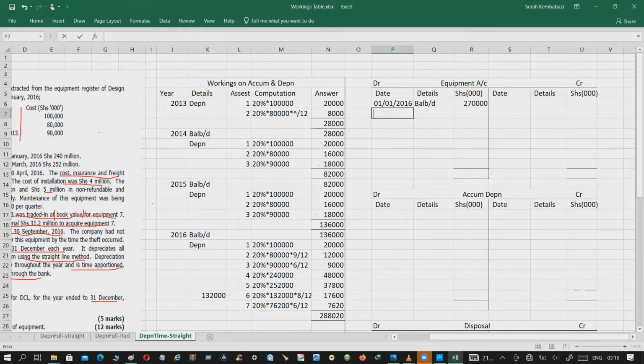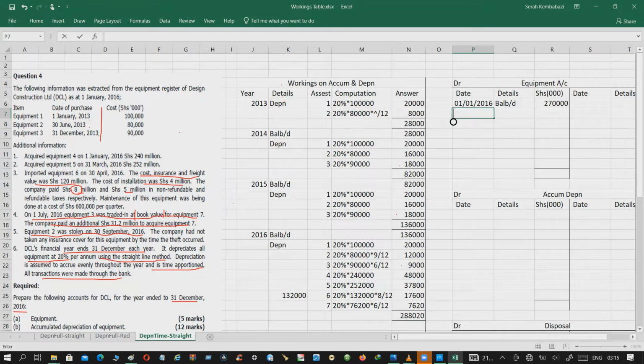And then we'll come and show that on 1st of January 2016, we got money from the bank and bought equipment 4 that had a cost of about 240,000.